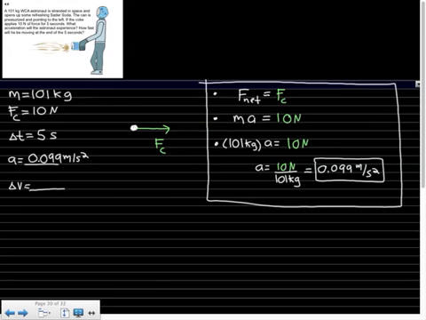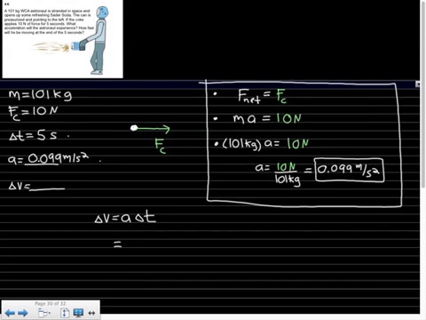We set up equations. We're looking for velocity, we know acceleration, we know time. If you recall, the change in velocity is equal to acceleration times the change in time. That's one of the 4 equations of accelerated motion.